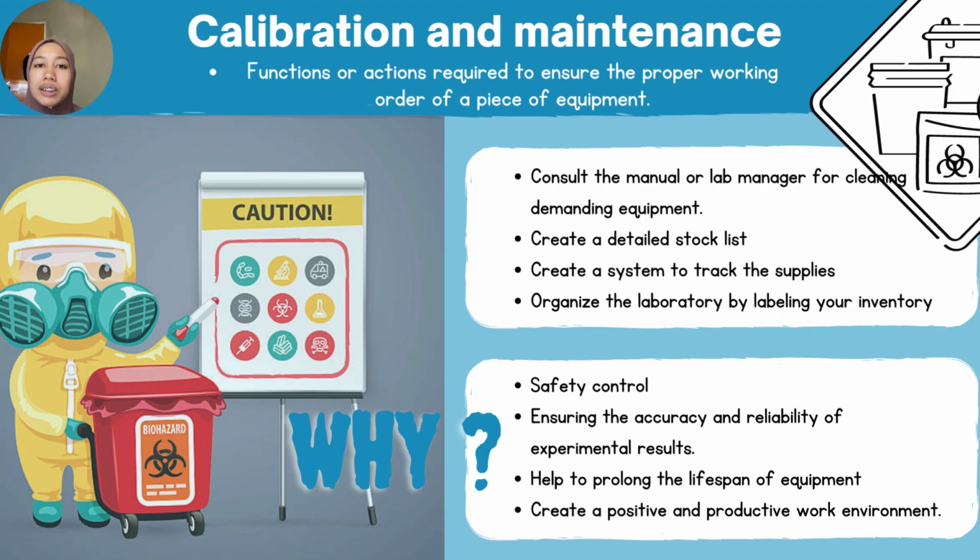And the last one is to organize your laboratory by labeling your inventory and being thoughtful of where you place your inventory items. This will make it easier to identify and find what you need and prevent wasted time looking for misplaced supplies. Okay, next we move to laboratory maintenance.